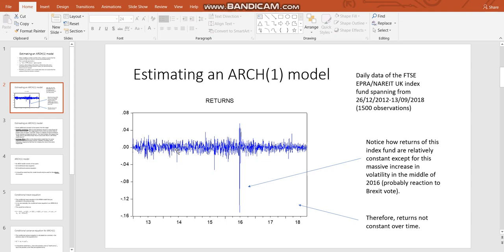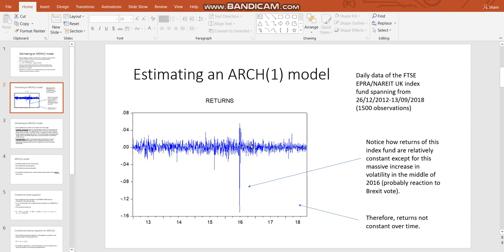It won't fluctuate too much for even prolonged periods of time, and then all of a sudden when some kind of shock happens, the variance will massively go up, and then you'll have a sustained period of increased volatility in your returns.